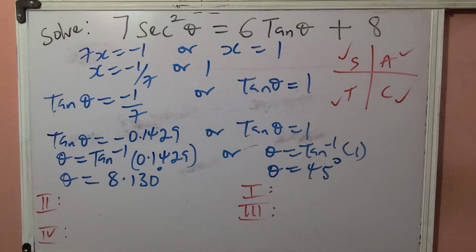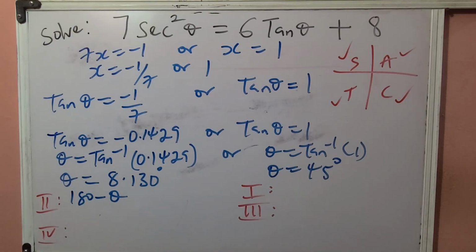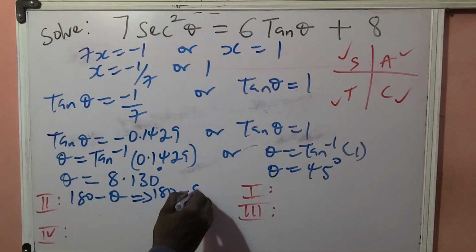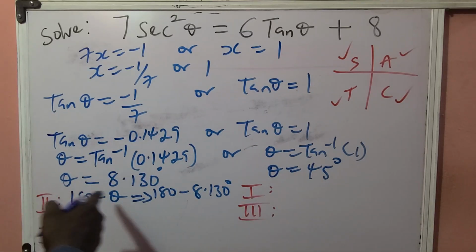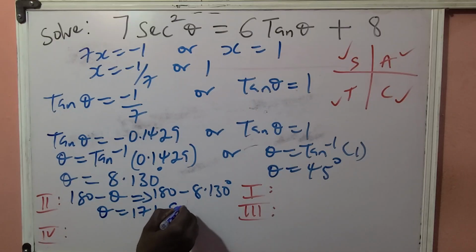For quadrant 2, the rule there is 180 minus theta. So obviously I'll have 180 minus 8.130, because our theta for this particular side is 8.130. And that will give me an answer of 171.87. So theta here is 171.87 degrees.